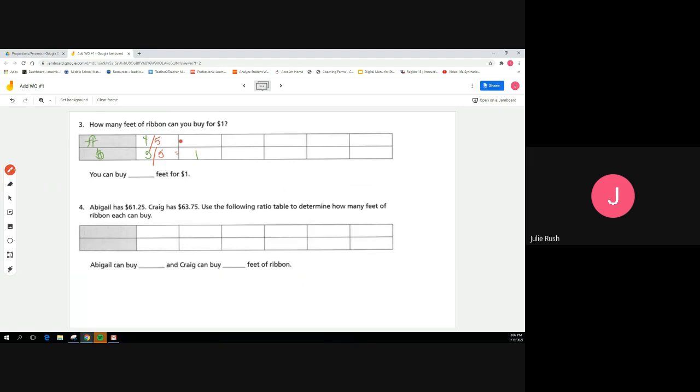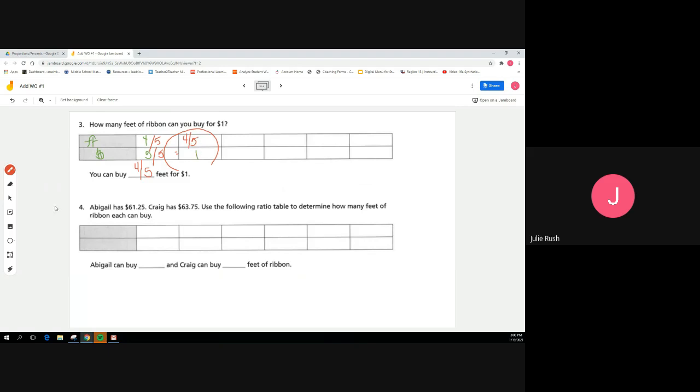Well, since it's feet, it's 4/5 of a foot. Oh, that's a tongue twister. And so I can leave that as a fraction, guys. It's 0.8 as a decimal, but 4/5 of a foot is totally okay to say. And then that's our other unit rate. So we have a unit rate that's 1 foot for $1.25, and $1 gets us 4/5 of a foot of ribbon.